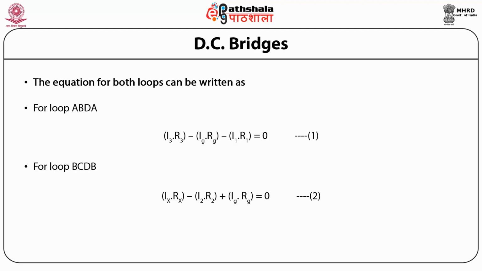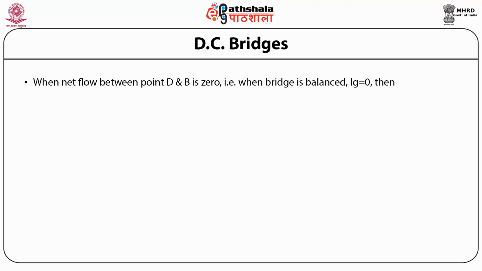This is equation 2. When the net flow between the points D and B is 0, that is, when the bridge is balanced where Ig is equal to 0, then I3 dot R3 is equal to I1 dot R1. This is equation 3. And Ix dot Rx is equal to I2 dot R2.